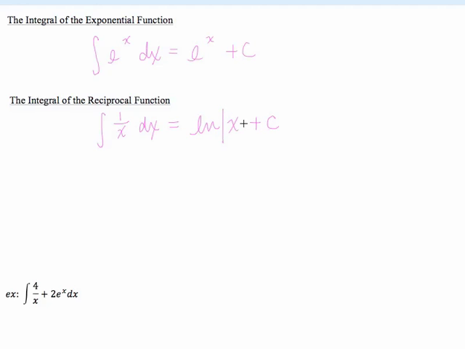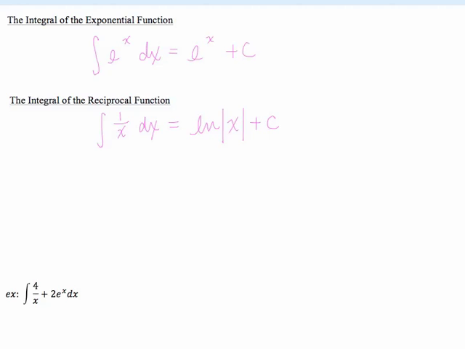But it just so happens to work if we put absolute value bars there as well, which is more general. It allows negative values of x to be used. You still can't take the log of 0, but that's okay. You can't plug 0 into that denominator anyway.